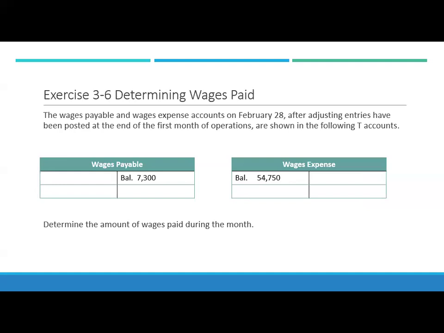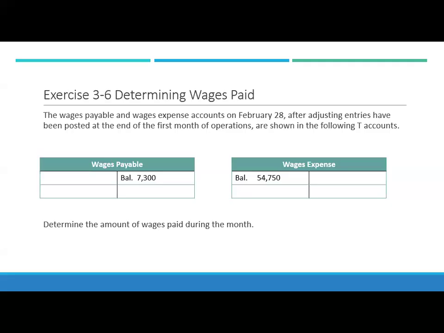And we can determine the wages paid based on the T account, and it does really help to write this out. So if we have wages payable of 3,700, we know the ending balance is 3,700, and it says this is the first month of operations.